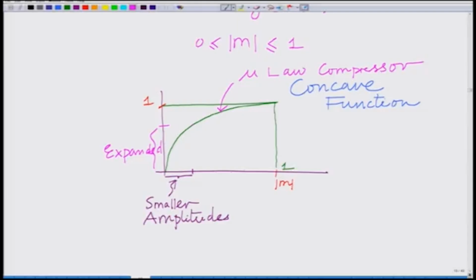On the other hand, this is the region corresponding to the smaller amplitude, which is expanded, and this is the region corresponding to the larger amplitude. This entire region corresponding to the larger amplitudes is mapped to this small region. So, this is compressed.